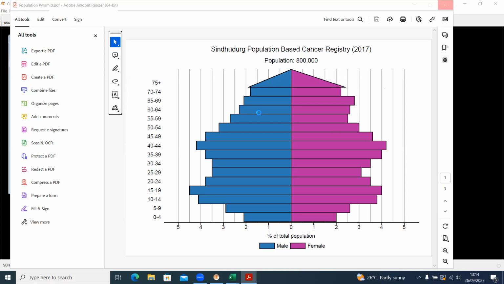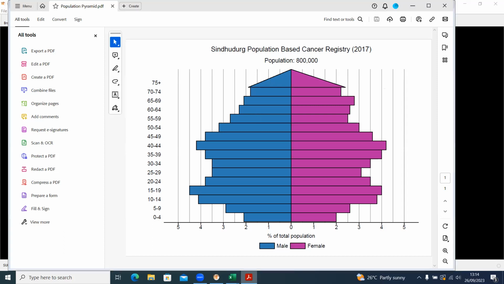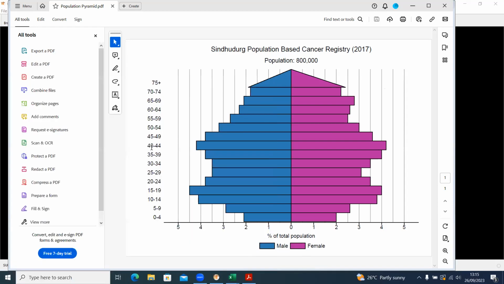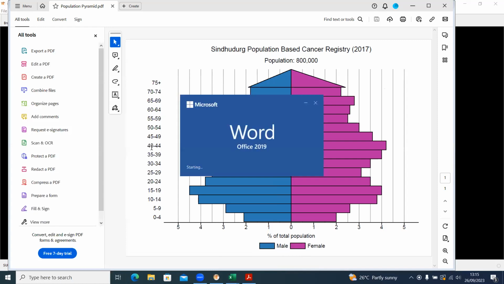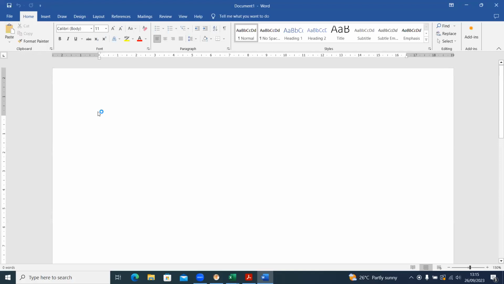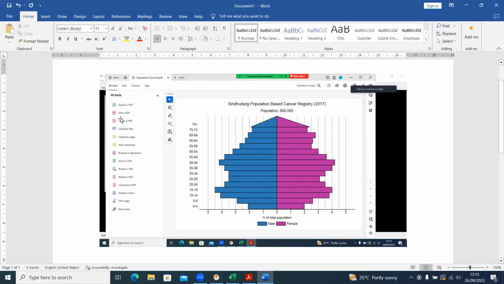I'm pressing the print screen option from my screen. And I'll open a Word document. I'm using Control V, or you can right click and say paste, or you can use the paste button here.